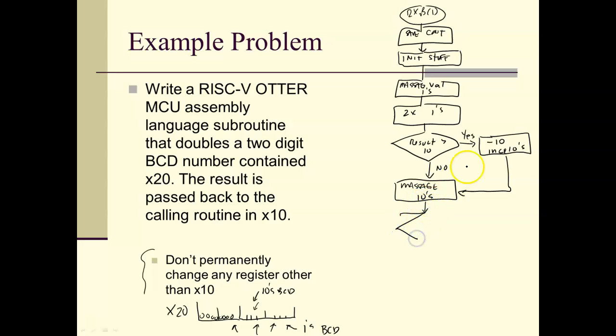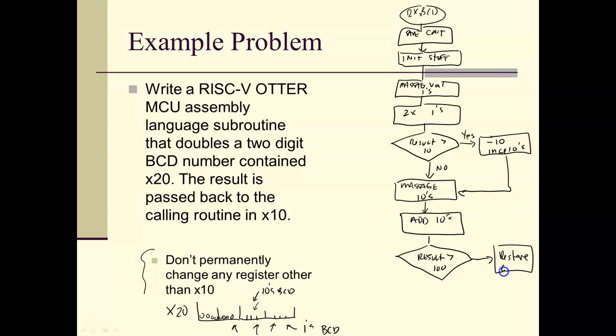Then I'm going to add the tens digit, and I'm going to say result greater than 100, and if it's not, I'm essentially done. Restore the context, and then I'm going to return.